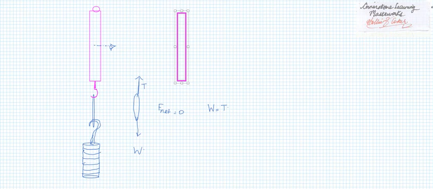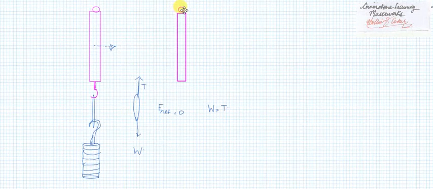Right? It measures the same tension. So as far as the meter is concerned, the force pulling it down, the hook doesn't move any further. So the force pulling it down, which is the tension, is equal to the force pulling it up, which it measures here.